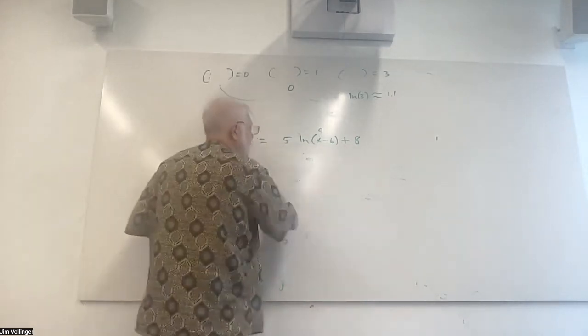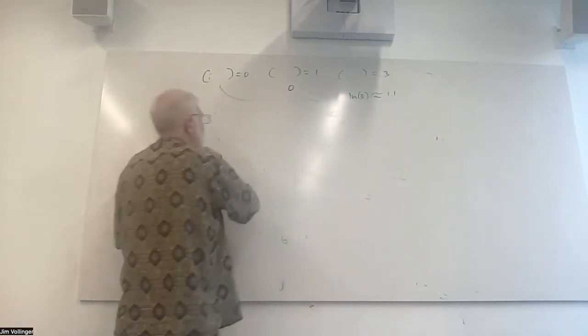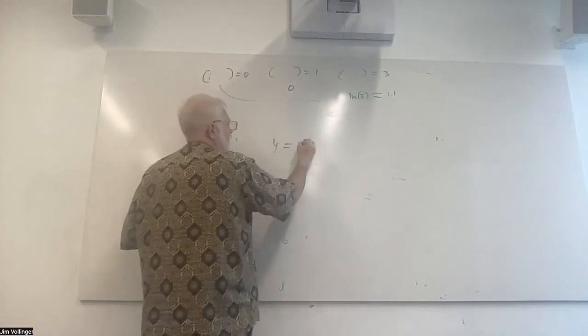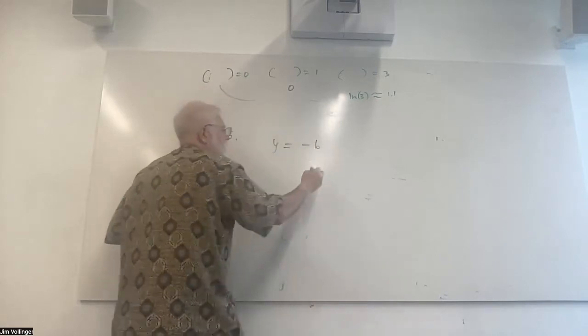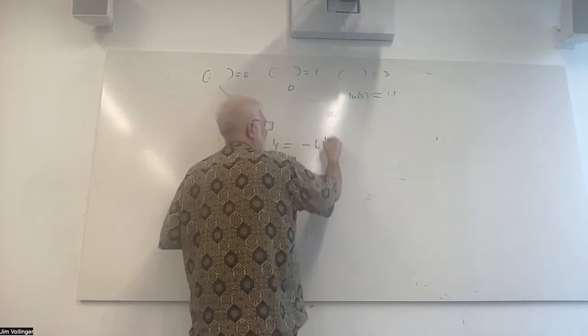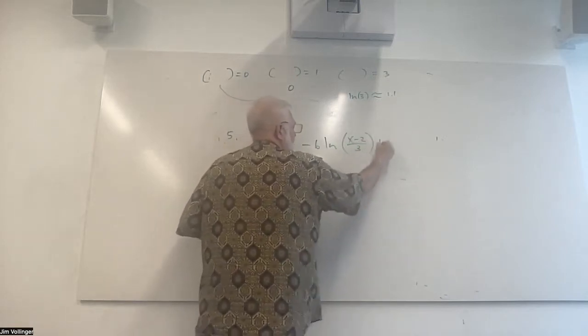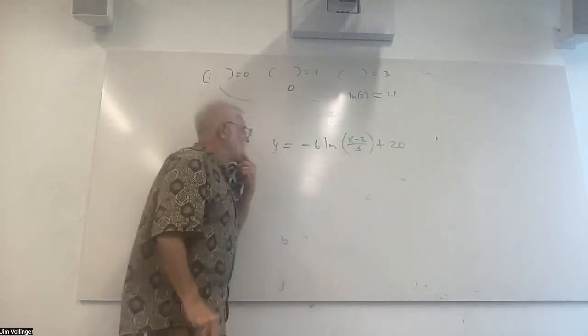All right, so one more log, make it as tough as I can. All right, so let's look at y equals minus 6 ln x minus 2 over 3 plus 20 there. I think I got some funky numbers.